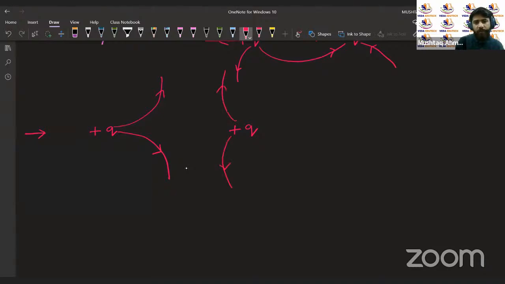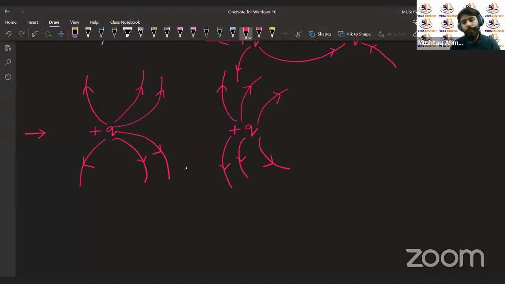They will be repelling electric field lines. So this is how the electric field lines are going to be because of a pair of two positive charges. And similarly, if we have a pair of two negative charges, the electric field lines will just be terminating on the negative charges and the behavior of the electric field lines will be similar.